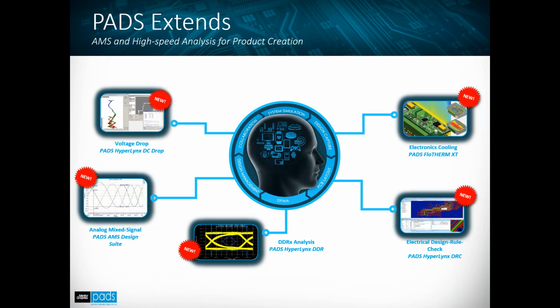DDR, which we'll be covering next week, again, Thursday, April 11th. The electrical design rule check for PADS HyperLynx DRC is an EMI checker. It's a graphical rule checker to see if any, for example, any traces crossing a gap can cause an antenna effect and cause an EMI that you might not want in your design. And then lastly, we do have the electronics cooling with PADS FloTHERM.